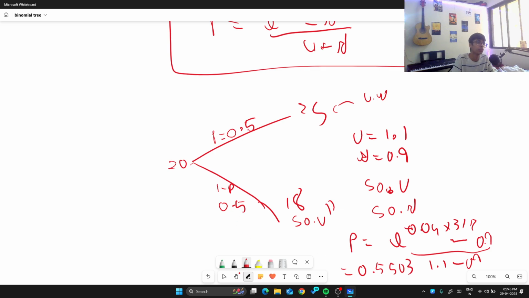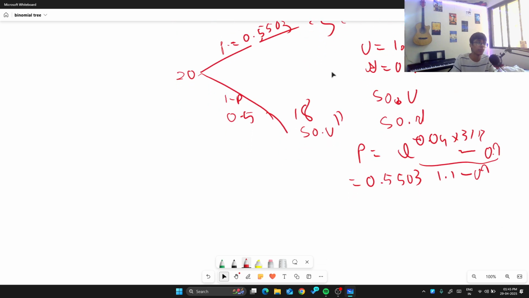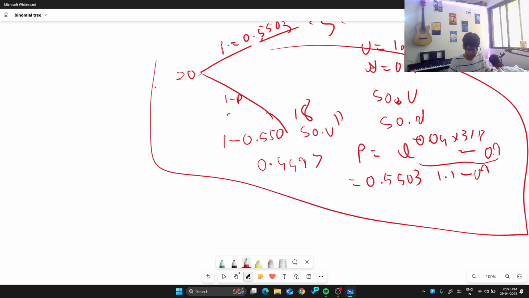And the probability of going down is 1 minus 0.5503, 0.4497, I think. So that's how risk neutral valuation works.